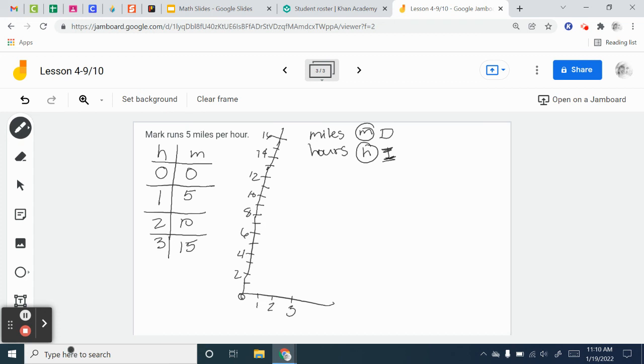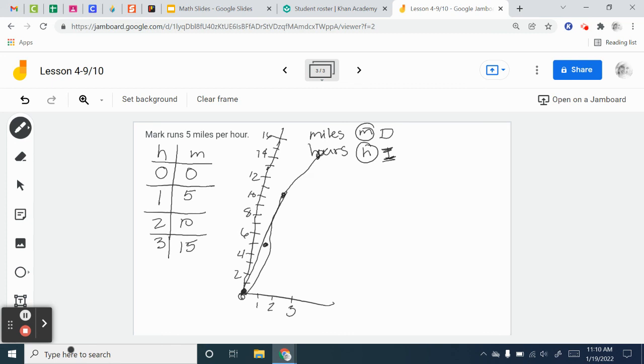All right, so in 0 hours, he runs 0 miles. In 1 hour, he runs 5 miles. In 2 hours, he runs 10 miles. And in 3 hours, he's all the way up here at 15 miles. So it's not very straight because I am trying on the computer. Sorry about that. There we go.